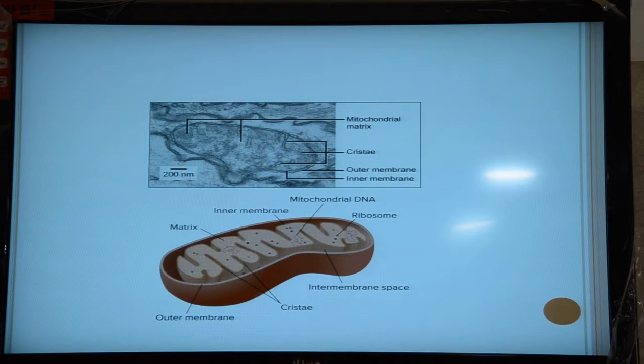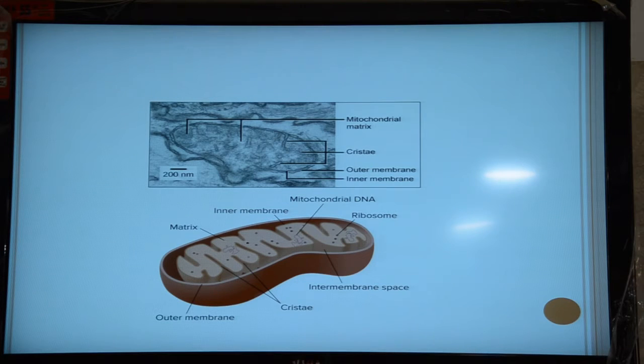This figure shows the electron microscope image of the mitochondria. That is the outer membrane, inner membrane, cristae, and mitochondrial matrix. And this figure shows the mitochondrion with the inner membrane, ribosomes, intermembranous space, cristae, and the matrix.